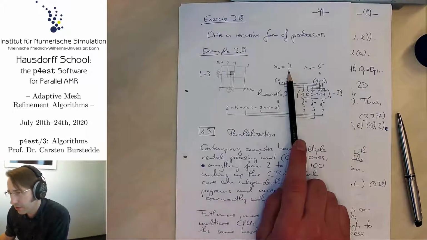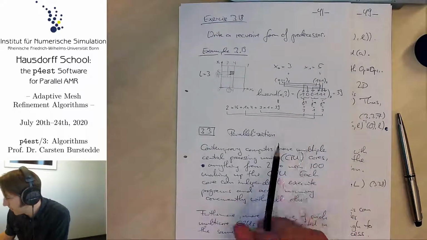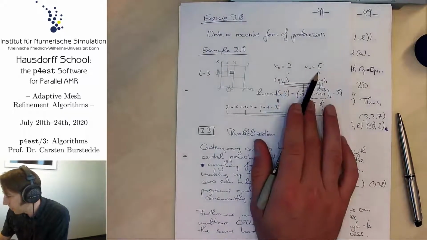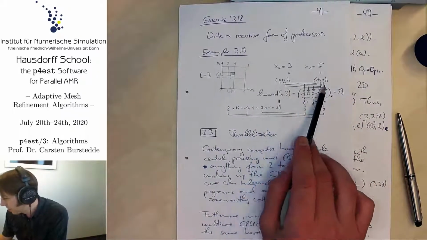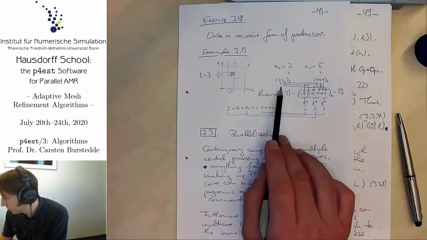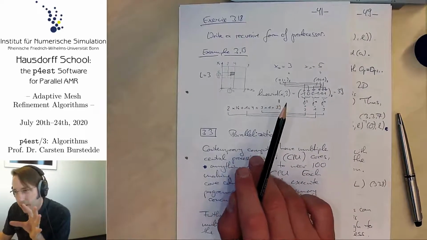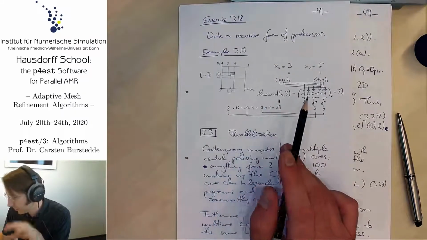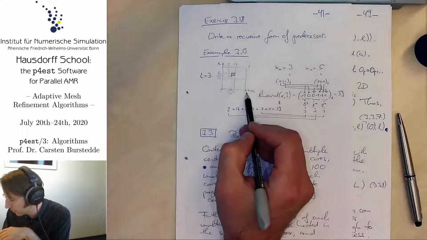If we go 3 levels down, you can write each of these as binary. 3 would be 0, 1, 1, and 5 would be 1, 0, 1. And then we flip all these bits around, so we construct the child ID of the first refinement from the root to the first level 1 element. So this is the root here.